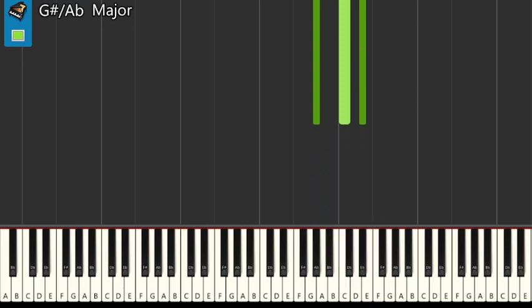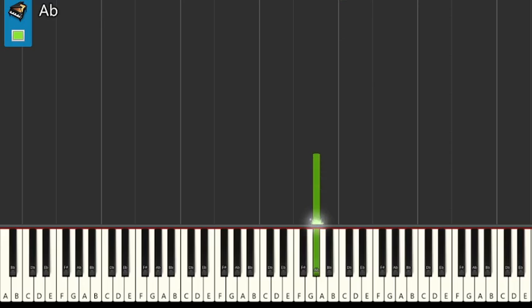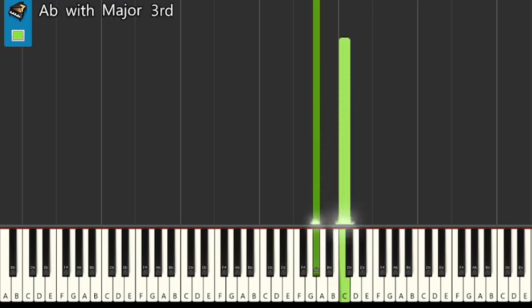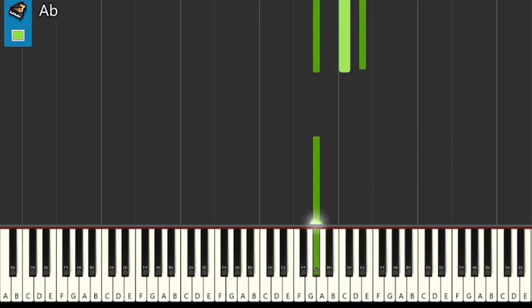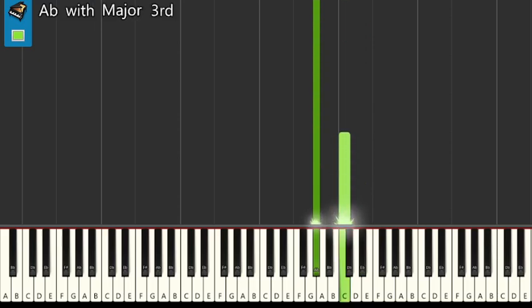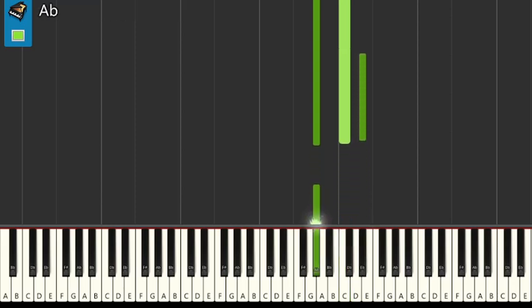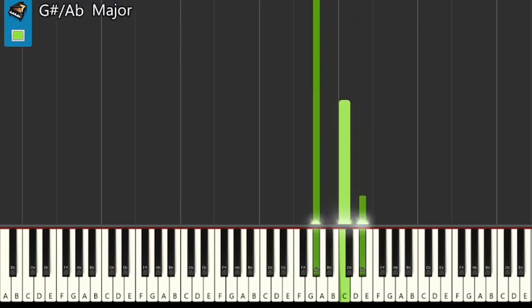Or you can think of it this way. You have the root, then after the root is the first note, and after the first note is the second note. So in your root chord, you have the root, the first note, the second note.